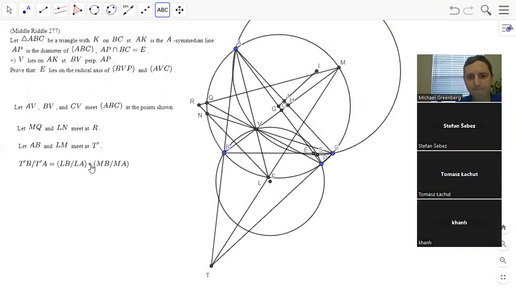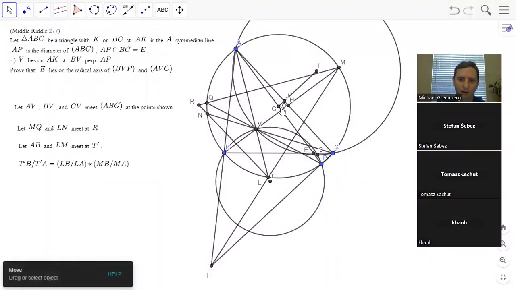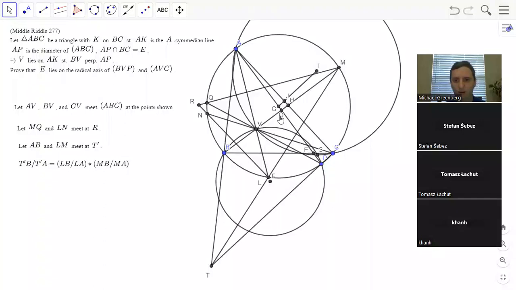I didn't really try it, but an alternative way of proving this may be using involutions. Not strictly DDIT, but there is a theorem about involutions that those three, so AB, ML, and CP would concur if there is an involution which swaps A and B, L and M, and C and P on this circle ABC.